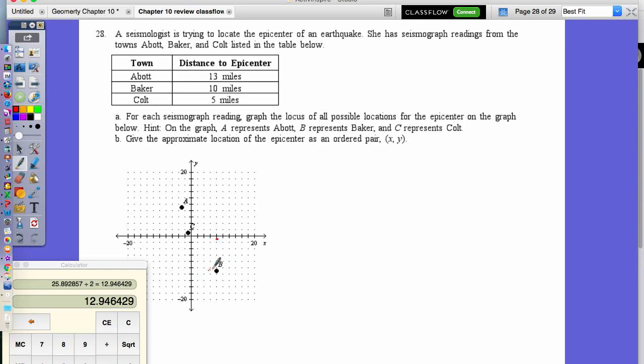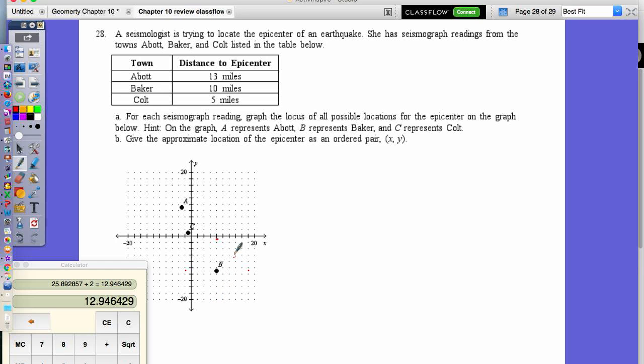It could be 1, 2, 3, 4, 5. It could be here, 1, 2, 3, 4, 5. Or it could be 1, 2, 3, 4, 5.